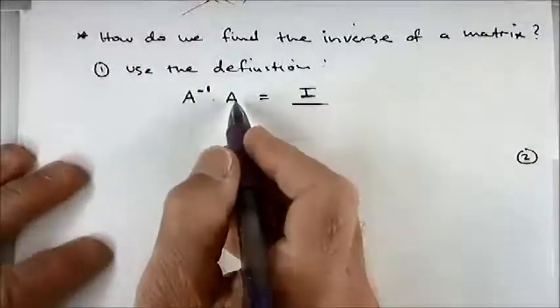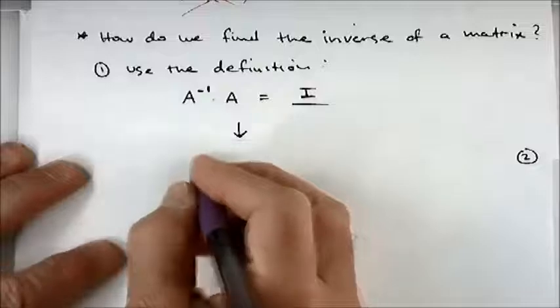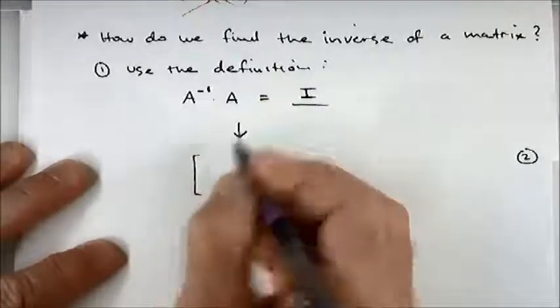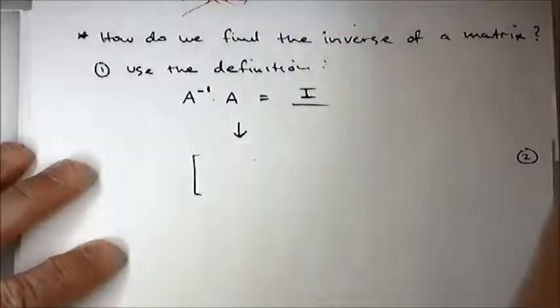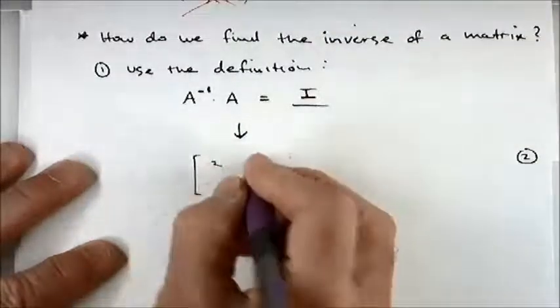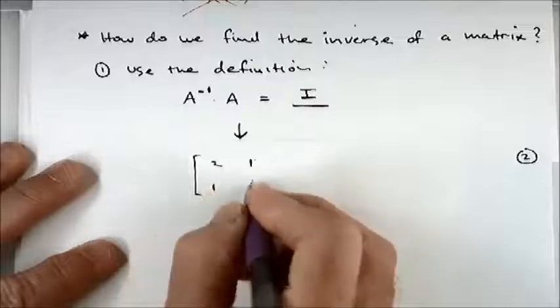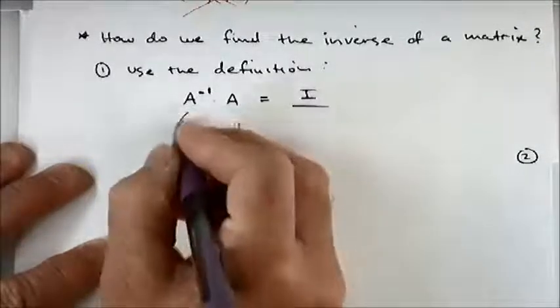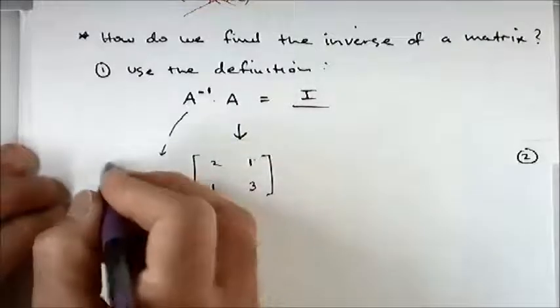We're going to do this with our matrix A. We knew from the top here, I'll put the numbers in, it was 2, 1, 1, 3. This is matrix A. A inverse is what we're trying to find. We don't know what that is.